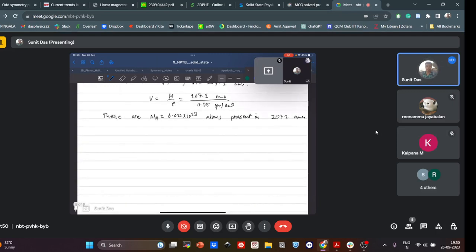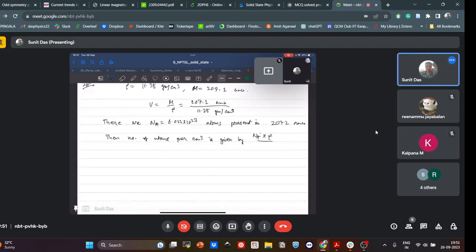So the number of atoms per cm cube will be Avogadro number Na into density rho by atomic mass.